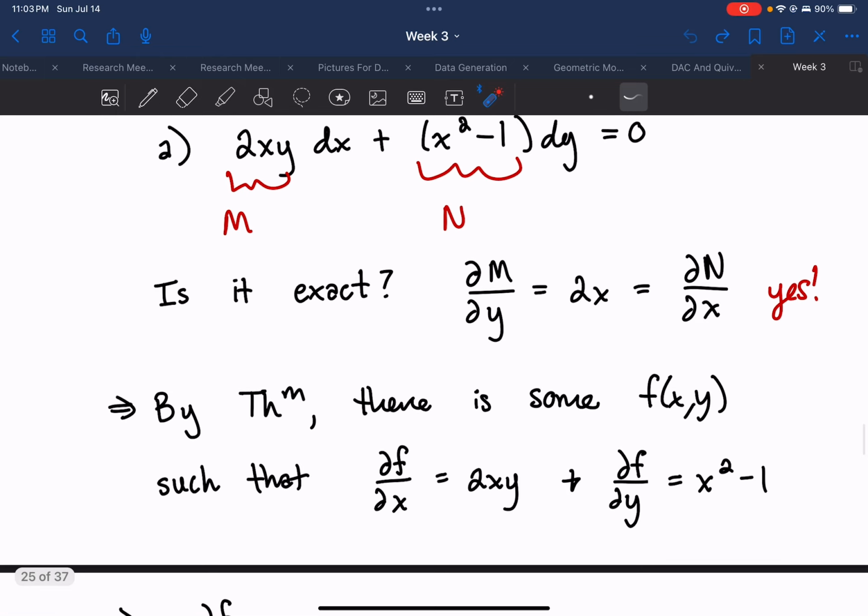We can solve this one pretty easily. We just integrate both sides dx, partially. We just need to be careful because there could be some function of y tacked onto the end. Let me just do the example.